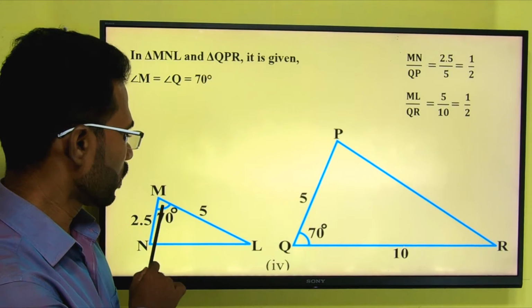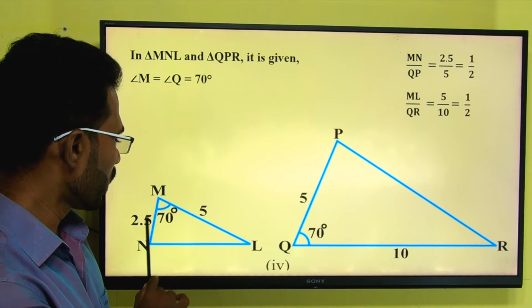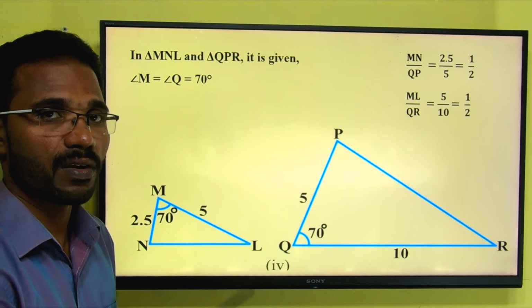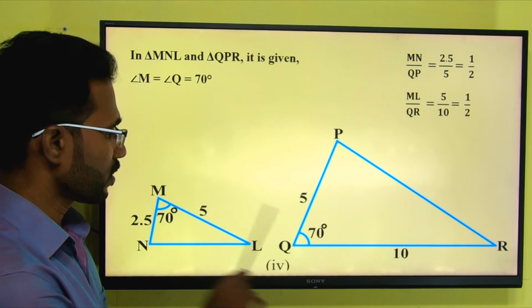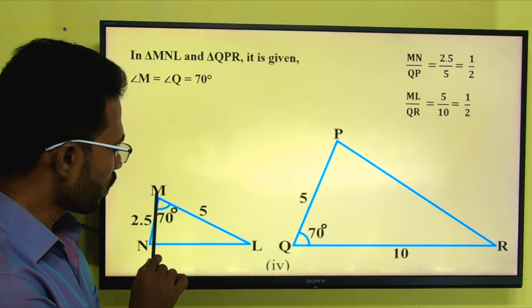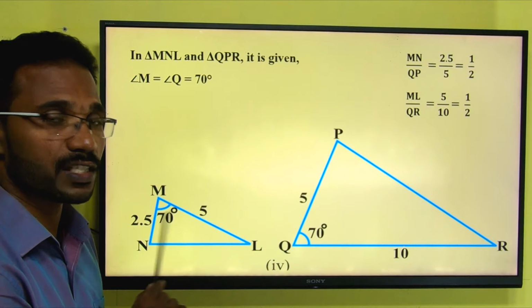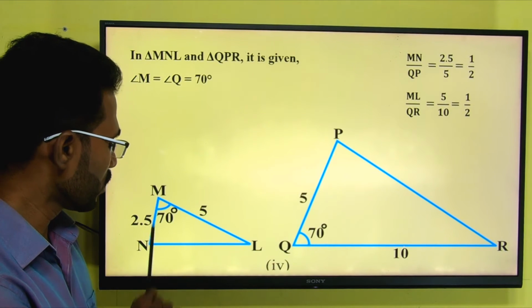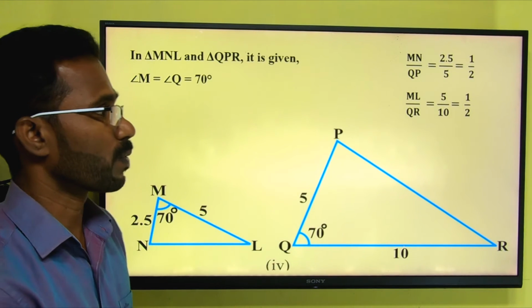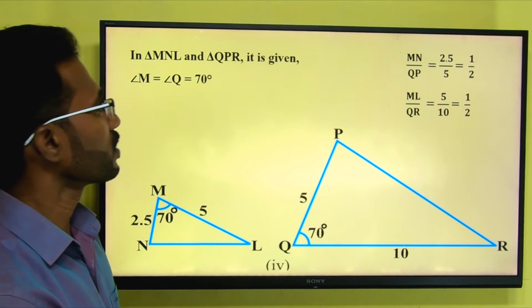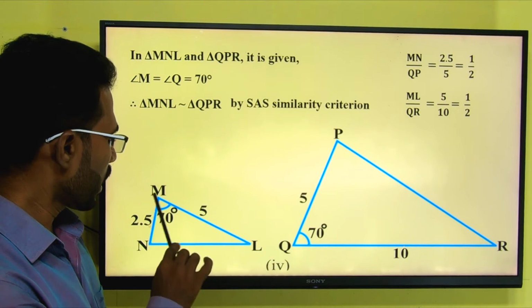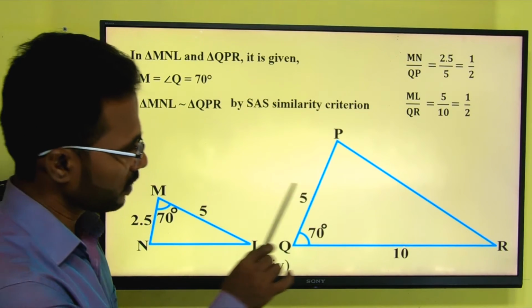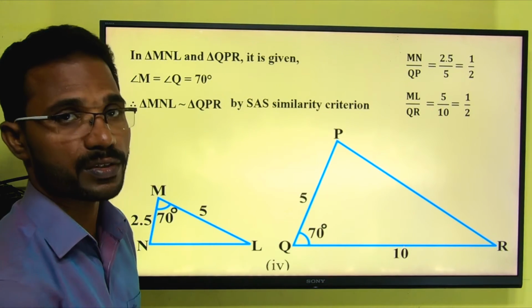So the angle is equal, and the sides bounding the angle are in equal proportion. That is very important. Therefore, this is a similar triangle by side angle side proportions.